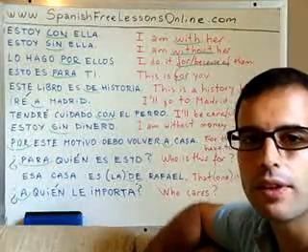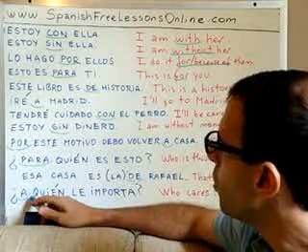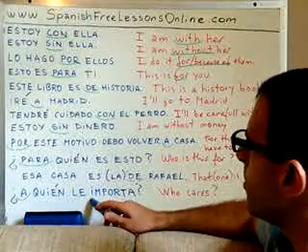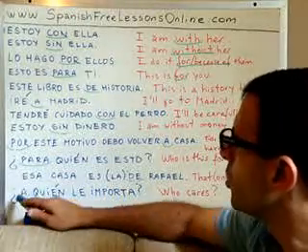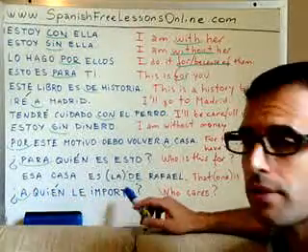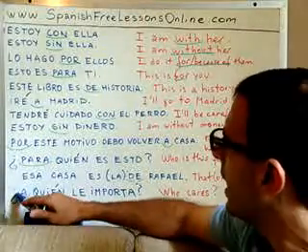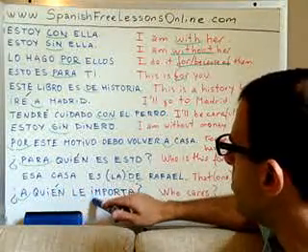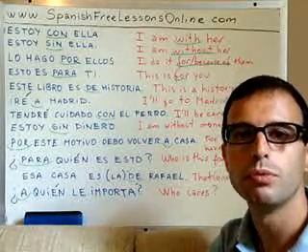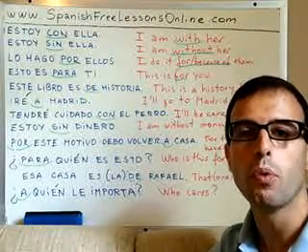And if we translate this word by word, it would be to whom it matters, to who or whom it matters, or who cares would be the right translation. So the preposition a means to. Can be to whom or to in the sense of where to, right?